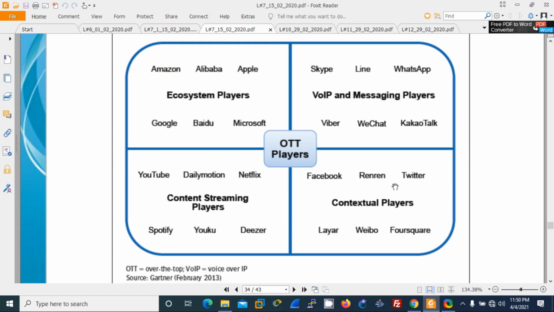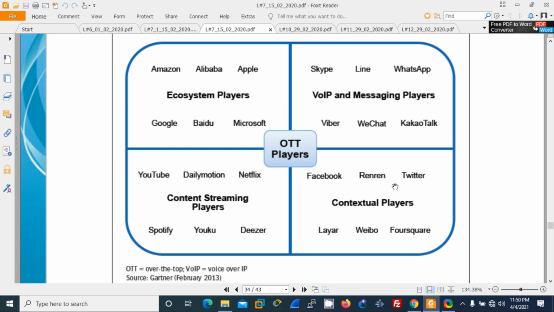But the entire voice and messaging business ecosystem has been invaded by web applications like Viber and chatting applications like WhatsApp, WeChat, and Line. And content streaming like normal cable TV has been invaded by Netflix, YouTube, and Spotify.